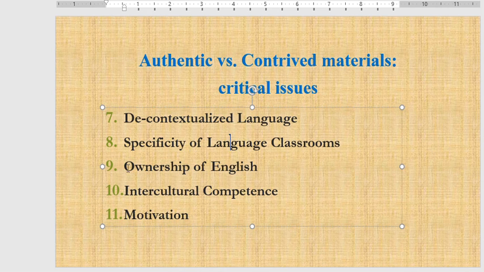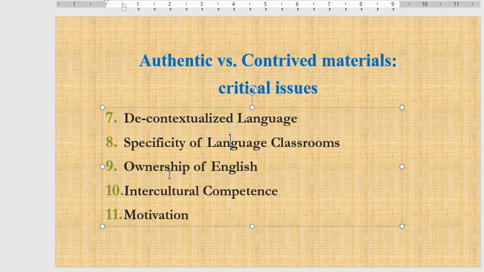Okay, ownership of language. Again, this is similar to the specificity of the language classroom. Iranians sometimes want to say that they are the owners of the English that they are going to learn, as they try to put in local topics or to localize materials.